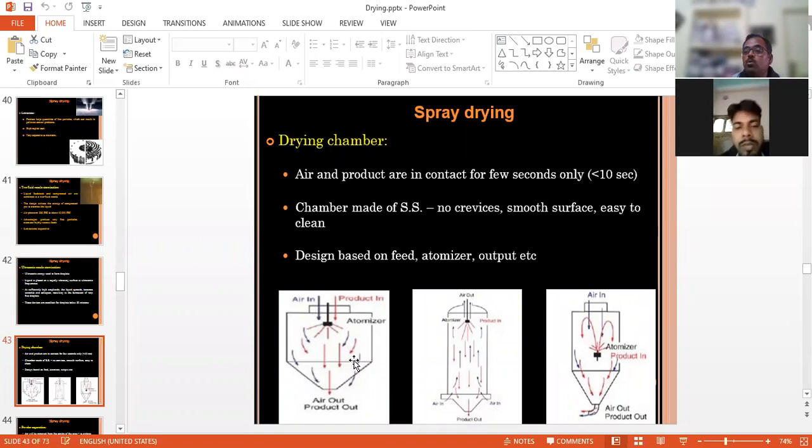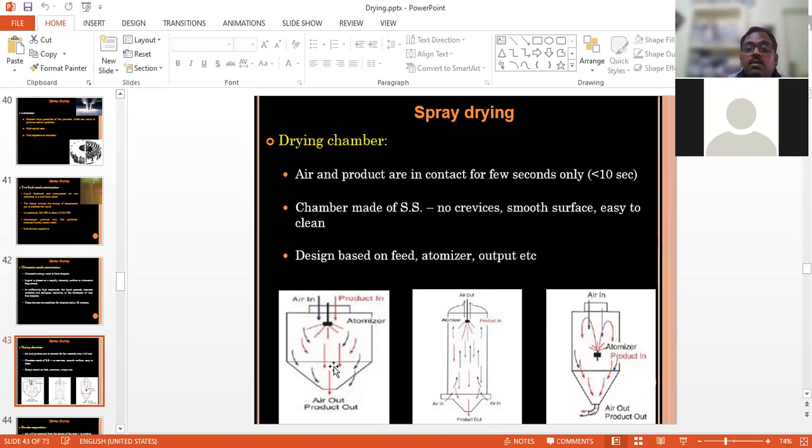Then the quality of the product may be poor, so the surface must be smooth, with no crevices, and easy to clean, even easy for CIP cleaning. That is why we always recommend stainless steel, because it is easy to clean, easy to maintain, and the surface is smooth. It is designed based on feed, atomizer, and output.